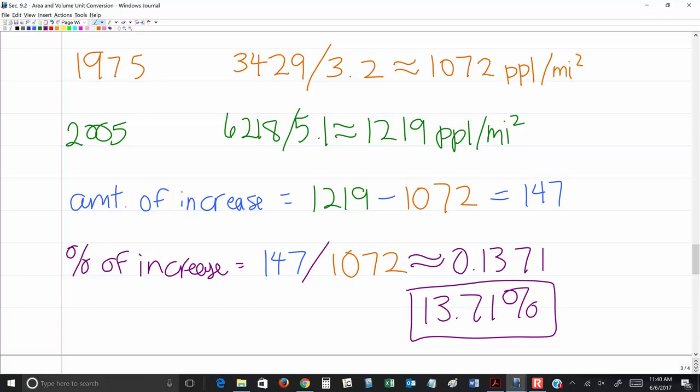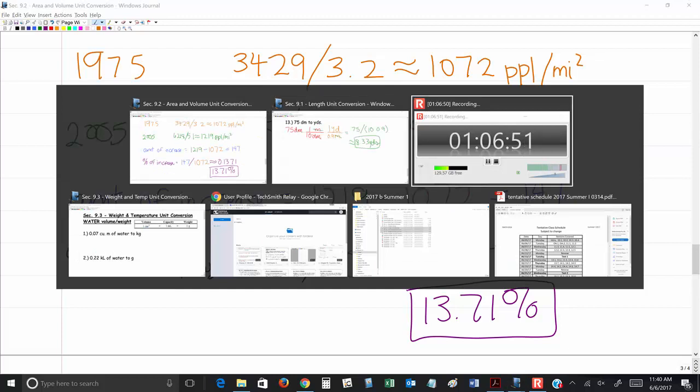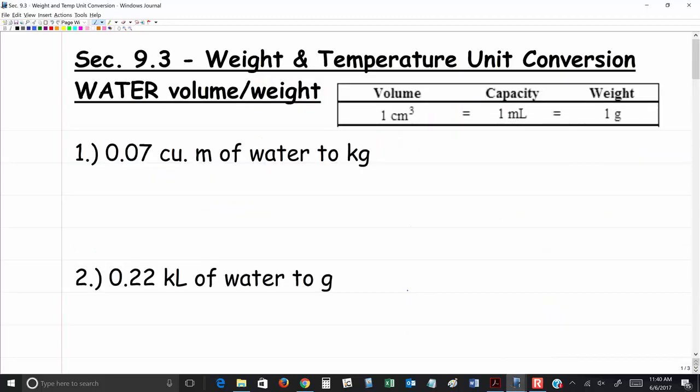Okay, and let's go ahead and finish up with 9.3, which is about weight and temperature. So these first few problems are specifically referring to water weight.